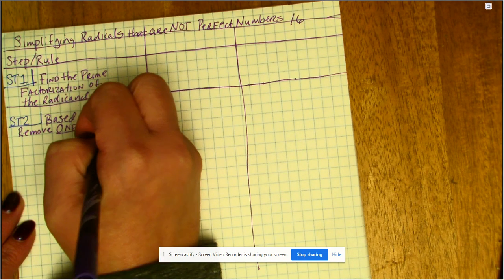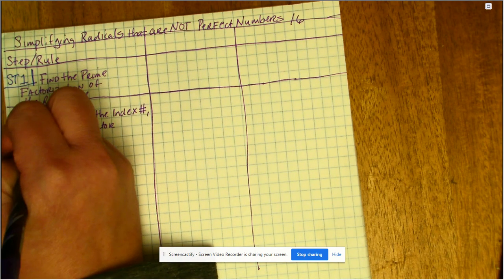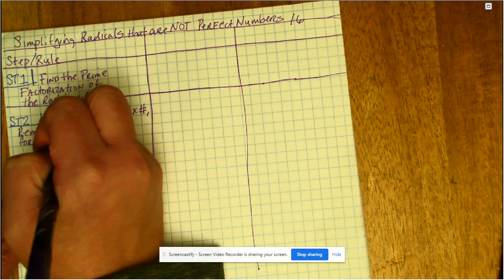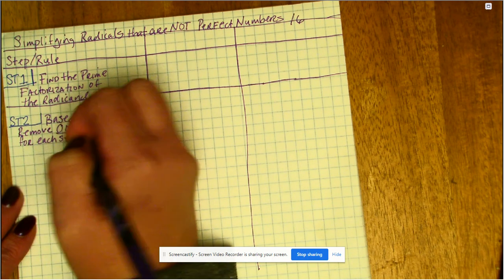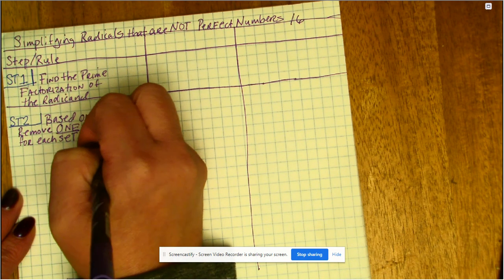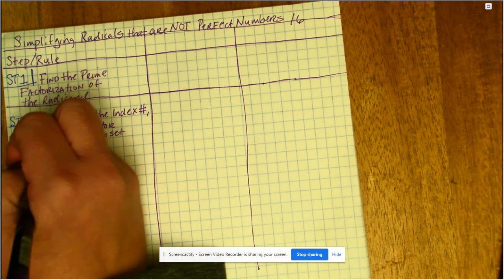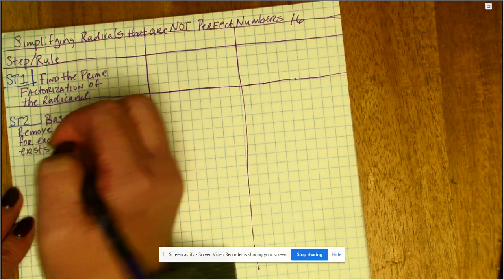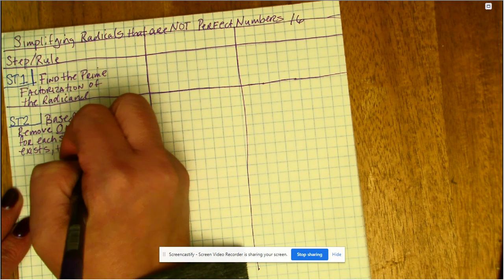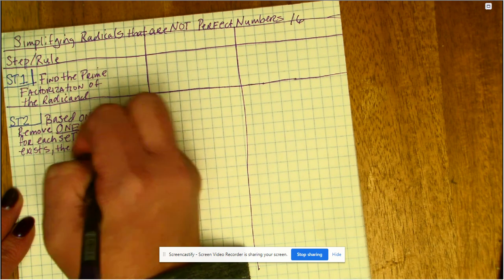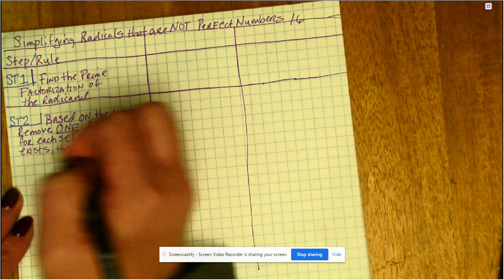Remove one factor for each set. If no set exists, the radicand stays the same.